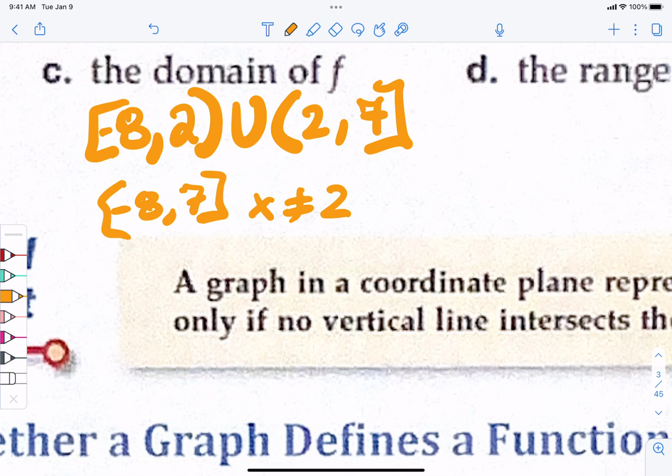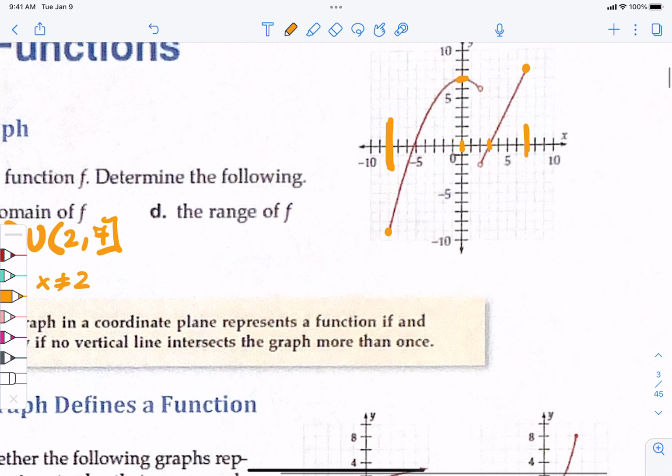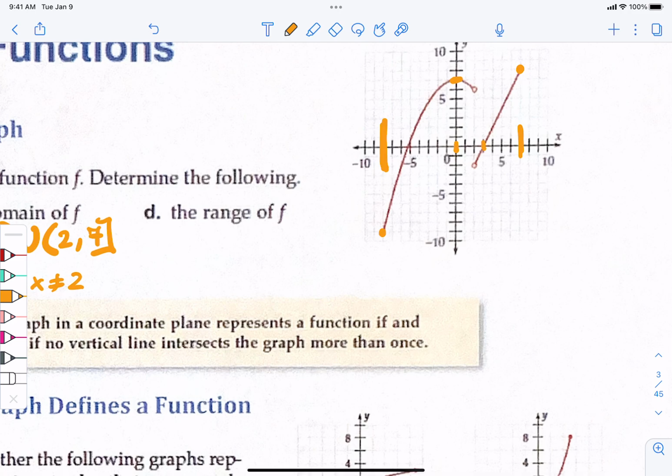Make sense? Good? And the range is up and down. So range, here we go. What's the lowest he goes? Negative 9. Is it a bracket or paren? Bracket, comma. What's the highest he goes? 8. Does he touch every value in between? Yes.